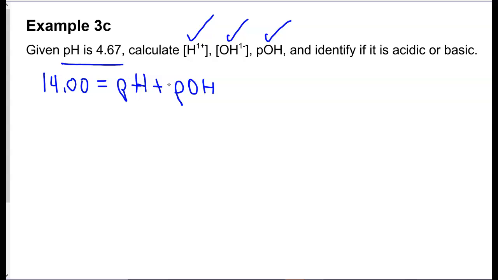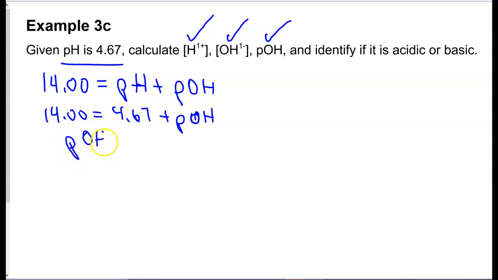So 14.00 equals 4.67 plus pOH. To isolate pOH, I'm going to subtract 14 minus 4.67, and I get a pOH of 9.33.